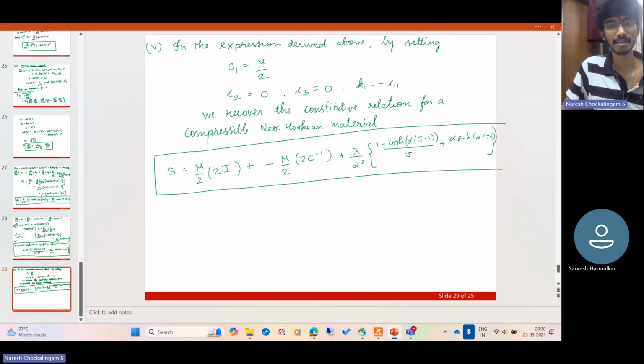Even in our case, we have a compressible neo-Hookean material. If you say J is equal to 1, we get 1 minus cos hyperbolic of 0, which is 1, so 1 minus 1 is 0, and J is 1, so this first term vanishes. The second term is sine hyperbolic of 0, which also vanishes. So under an isochoric deformation, the third term in this expression is not going to contribute.